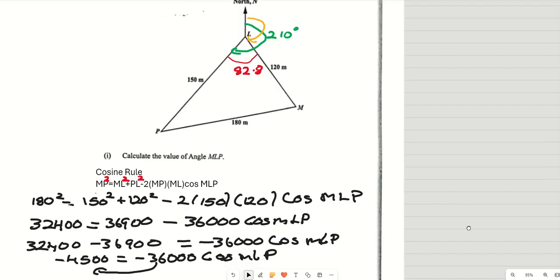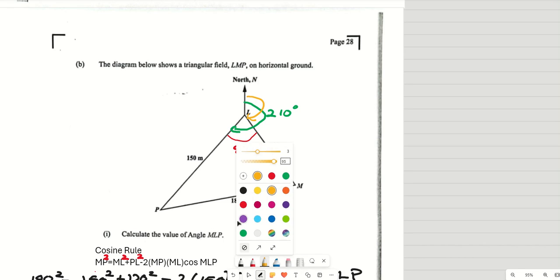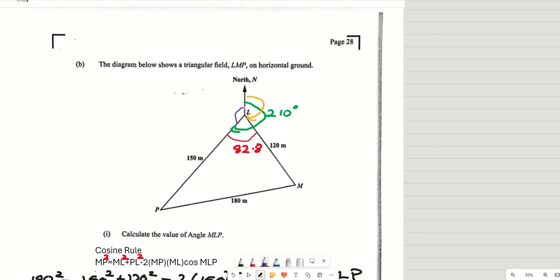NLP, let's see. So they're basically telling you to find this angle. I'm going to put it in purple to differentiate. They're telling you to find this angle here and then find the bearing of L from P. So as soon as you say from P, you're going to look at point P. Does P have a north line? No. So you're going to draw your north line.